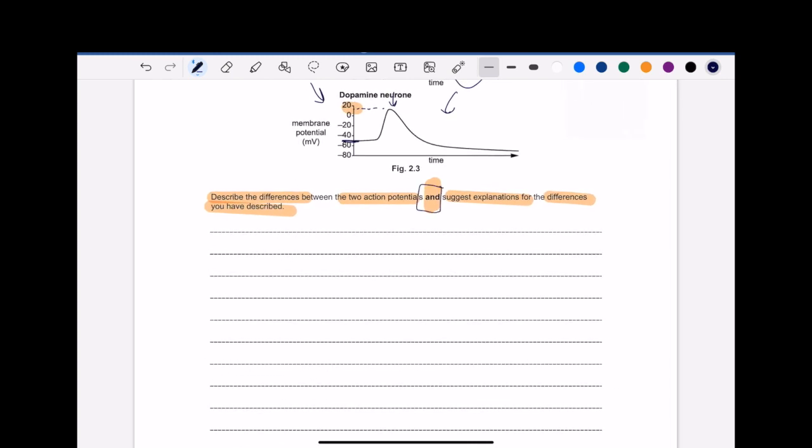This "and" is bold, right? If you just write about the differences, just describing them without giving an explanation, then you're not gonna get into a level 3 answer. You're gonna be capped at your marks because you must mention both the differences and the explanations. So don't just do one or the other, you must do both.